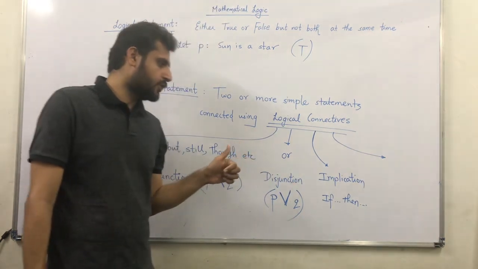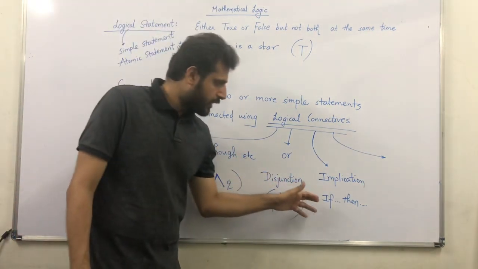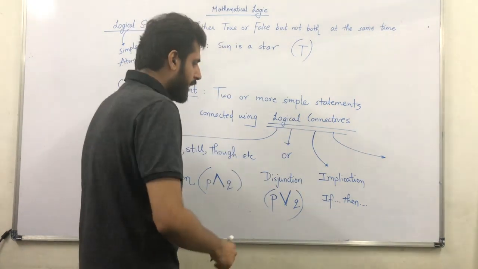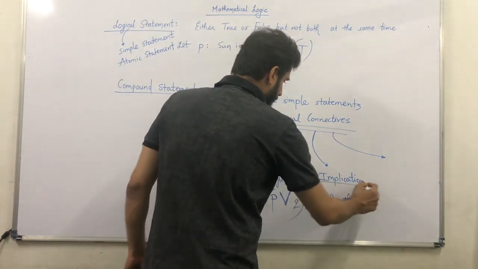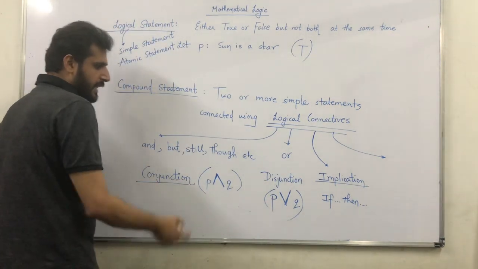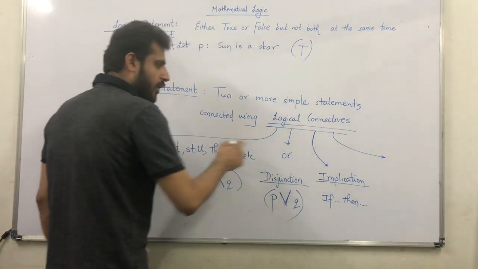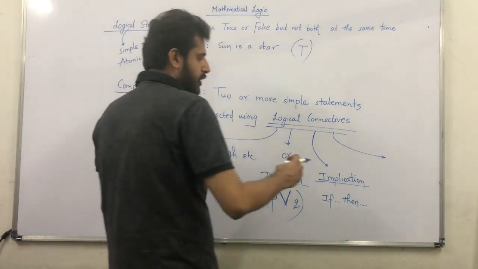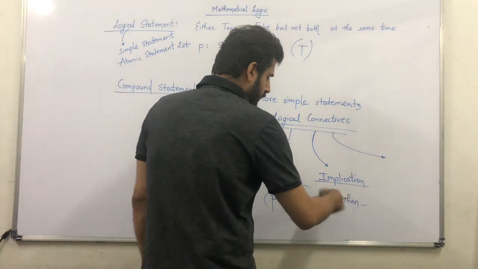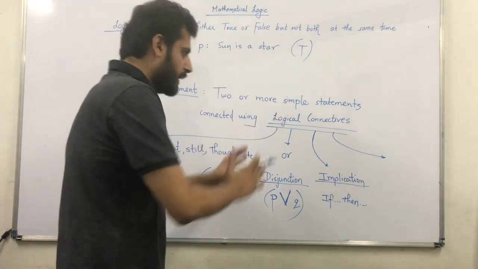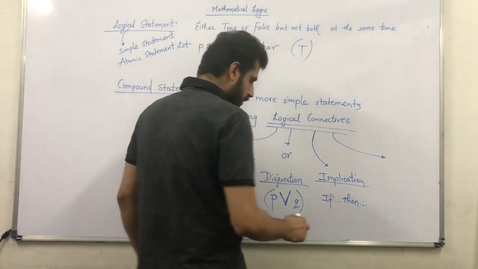If I connect two statements using the connective if then, the statement comes under the category of implication. Now we have conjunction when we use and, disjunction when we use or, implication when we use if then, and there are other forms also, but that will come when we focus on implication only.